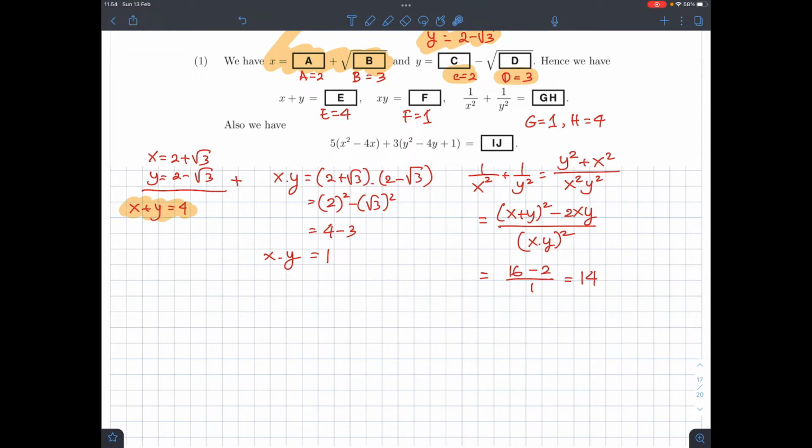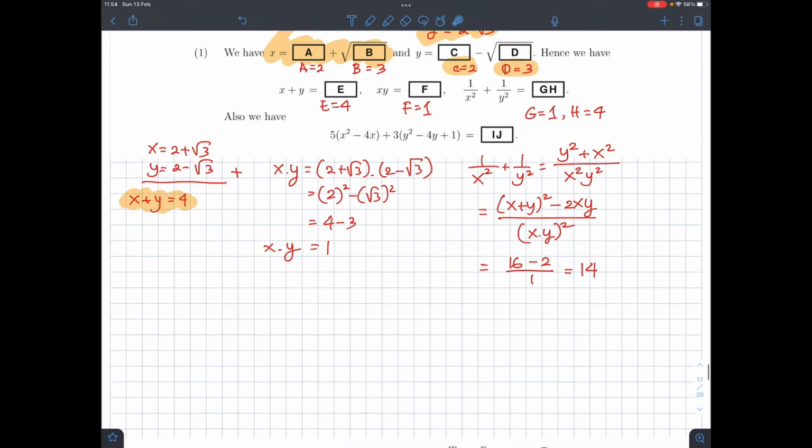Okay, I think we also want to change this form rather than just substituting the x. I want to change the form x squared minus 4x into (x minus 2) squared. If we expand (x minus 2) squared, it becomes x squared minus 4x plus 4.